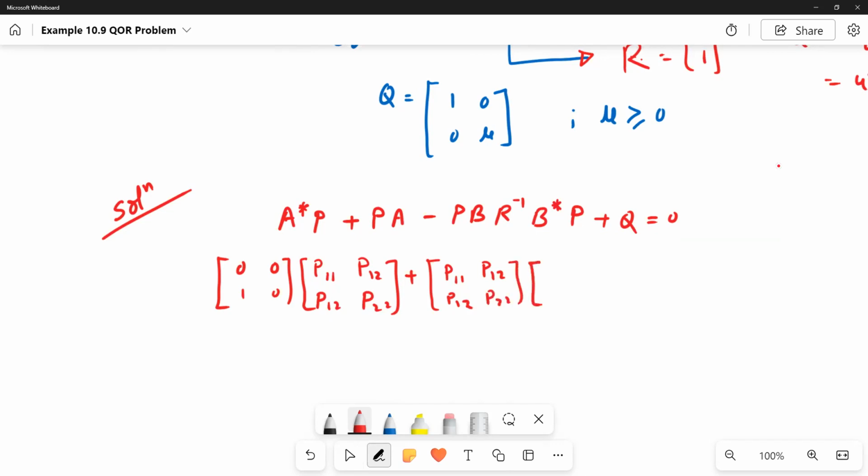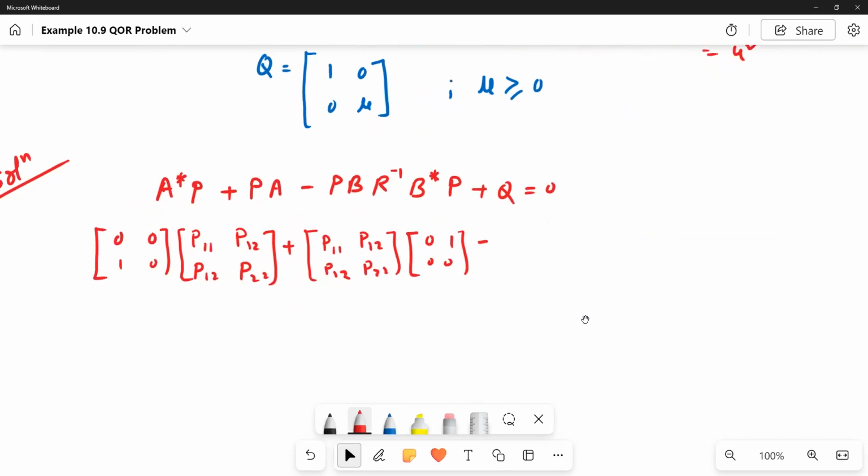And your A matrix 0, 1, 0, 0 minus again your P matrix P11, P12, P12, P22. There you have your B matrix, that is 0, 1.